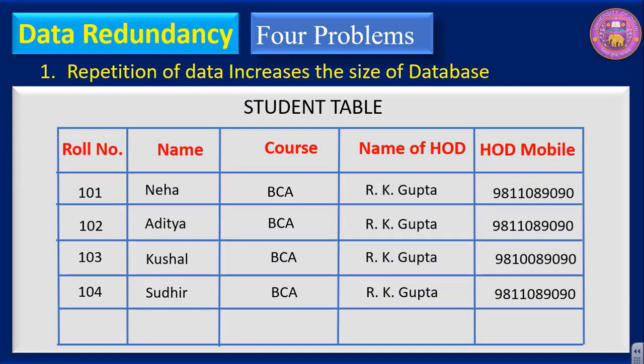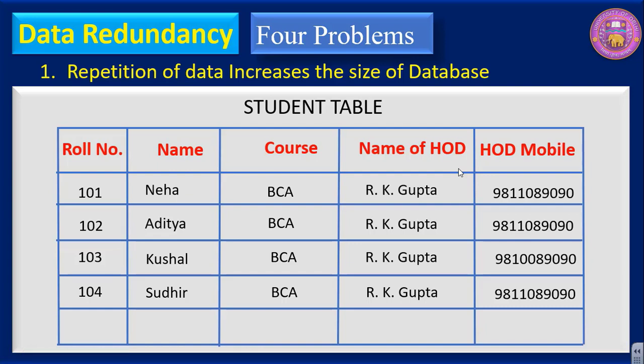We can see in the student table, we have number of fields: roll number, name, course, name of HOD and HOD mobile number. In this particular case, we see that the field course gets repeated in number of rows. Similarly, the name of HOD and the HOD mobile number get repeated number of times.